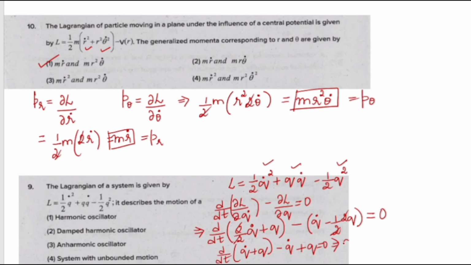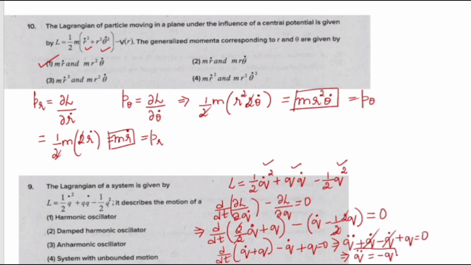The complete derivative of q dot gives q double dot, and for q we will get q dot. Rewriting, q dot plus q is nothing but 0, plus q dot minus q dot gets cancelled. So my result will be q double dot, which is nothing but minus q.